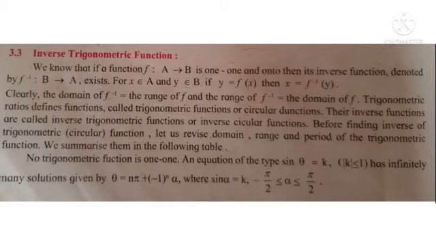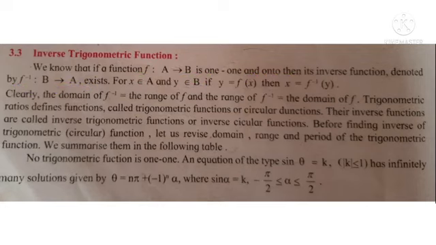See, the definition: if a function f is from A to B and it is one-one and onto, then its inverse function exists, and it is denoted by f inverse from B to A. Understand the definition?